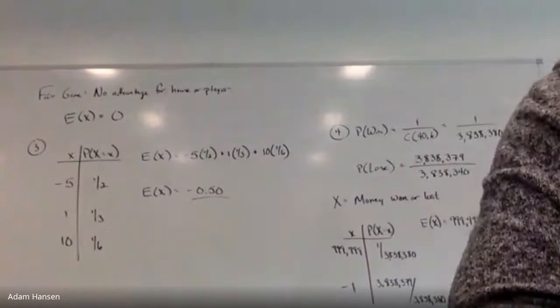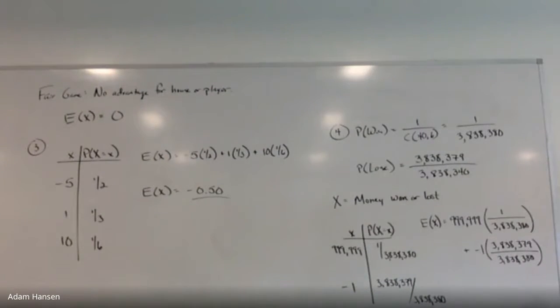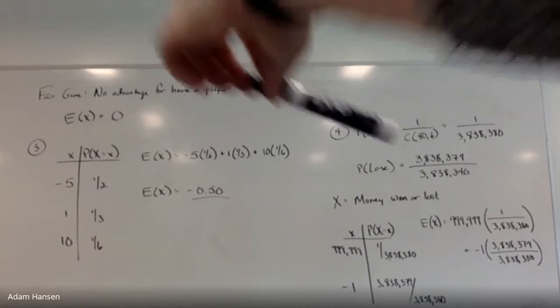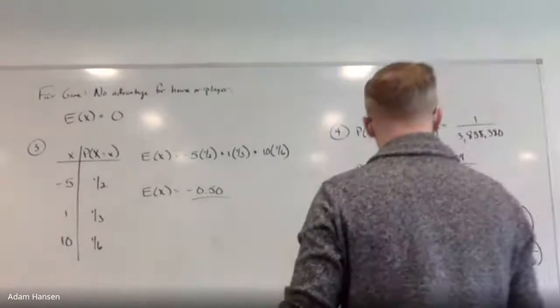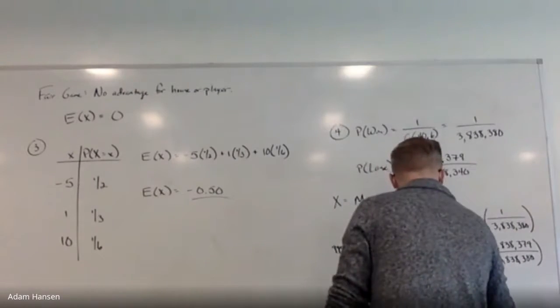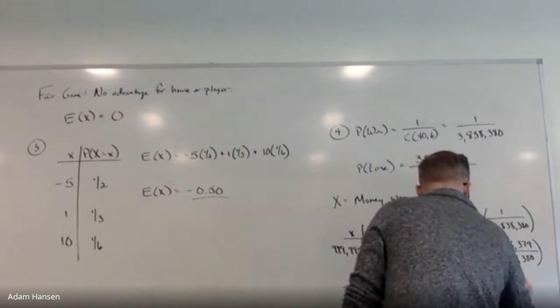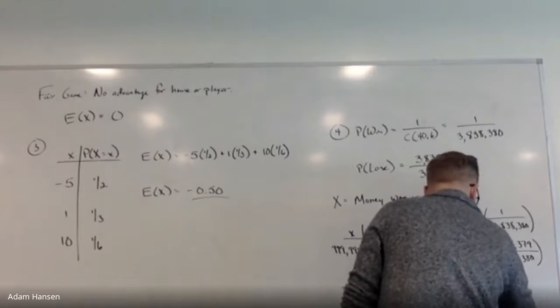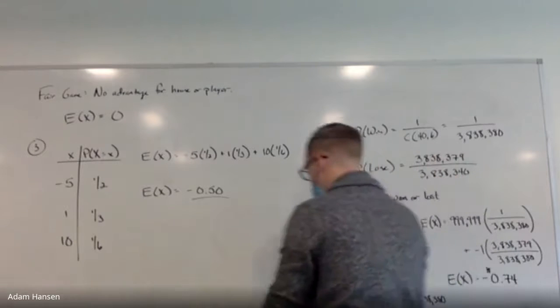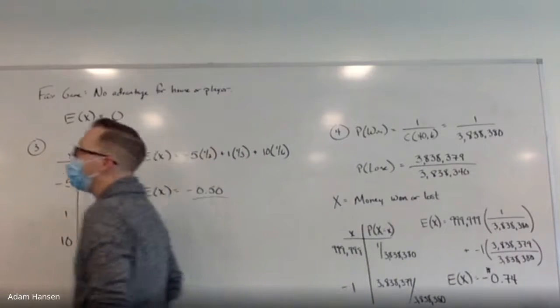Okay, up on the television screen should be the expected or average value for this lottery game. About negative 0.74, negative 74 cents. Is that right or not? Yeah? Okay. I didn't quite type it in right the first time. So since the expected value is about negative 0.74, what does that mean in context?